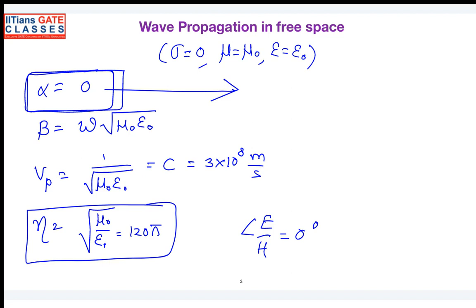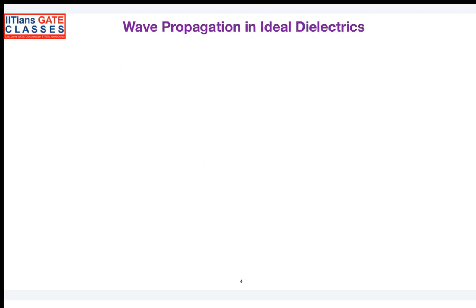Okay, we'll go to the next case then. So we see wave propagation in ideal dielectrics. When I say ideal dielectrics, in the last tangent I forgot to give you one more definition. For an ideal dielectric, your conductivity will be equal to 0 and your relative permeability is equal to 1.